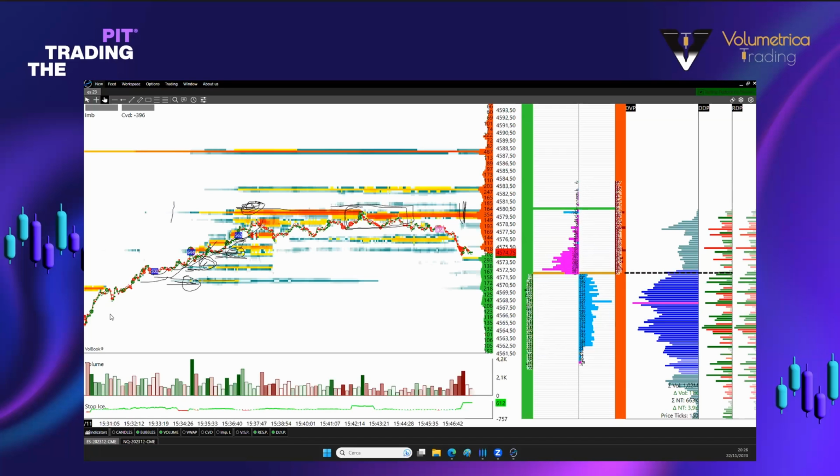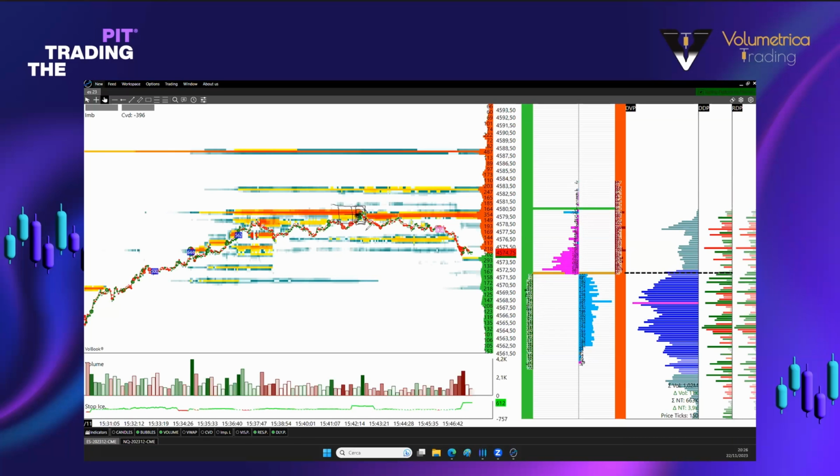So as a rule of thumb, we have an absorption when we have big sized bubbles hitting a liquidity pool. So we need to see the bubbles being within the area, or at least just touching it.